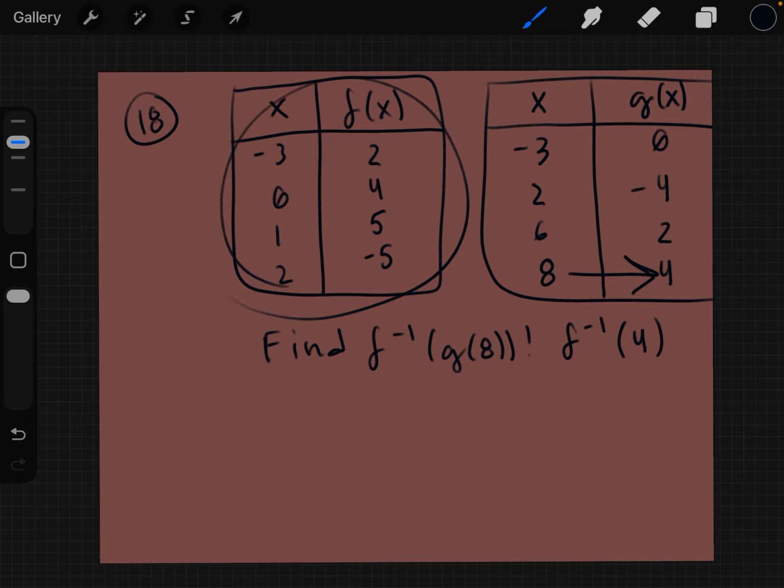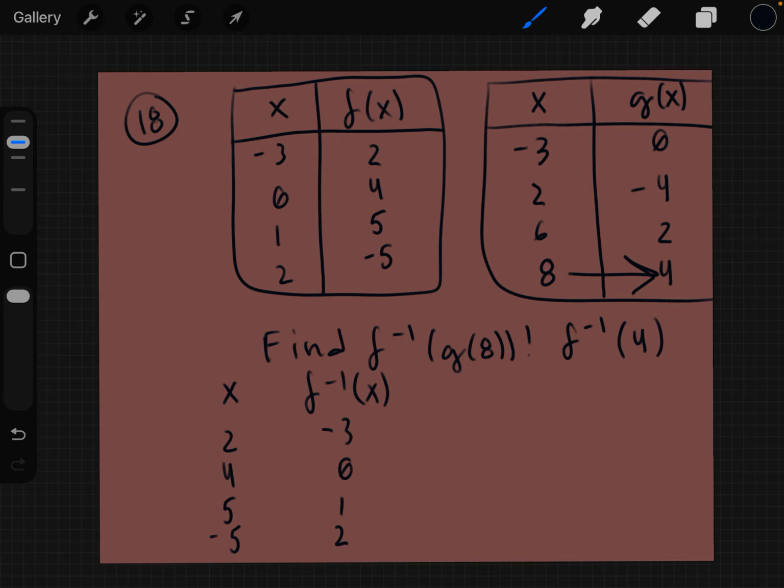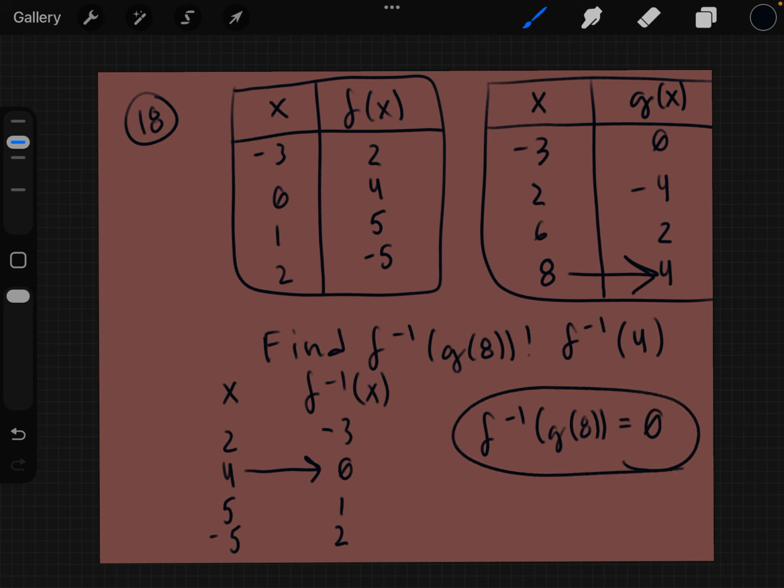So we take this and we just flip everything around to get the inverse of f of x. So we want 4. So f of inverse of g of 8 is equal to 0. And that was it.